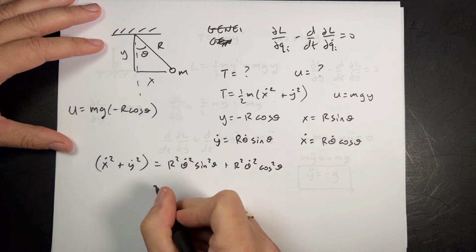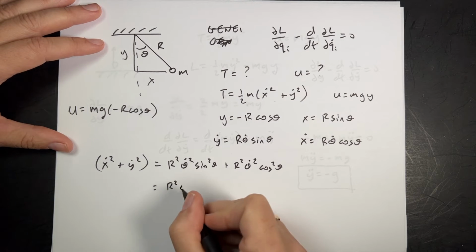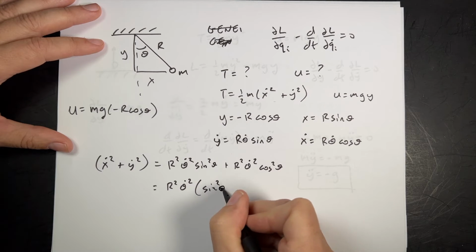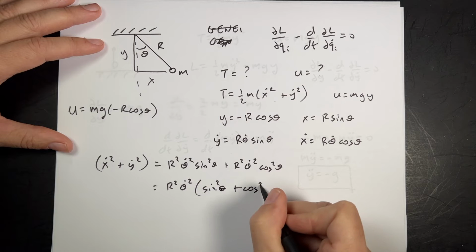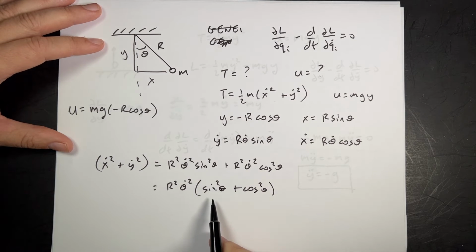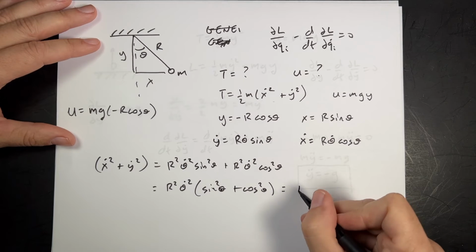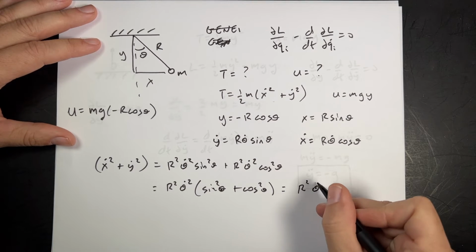I can write this as r squared theta dot squared times sine squared theta plus cosine squared theta. And sine squared plus cosine squared is, surprise, equal to 1. So it's just r squared theta dot squared.